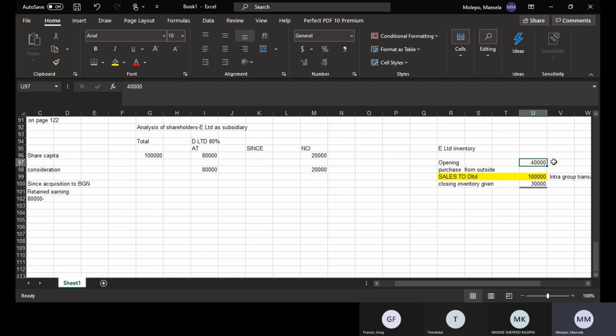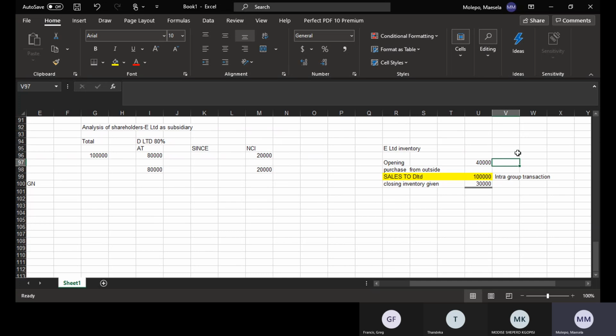In that inventory we already had an unrealized profit, which will be the 40,000 multiplied by 25 divided by 125, which equals 8,000.